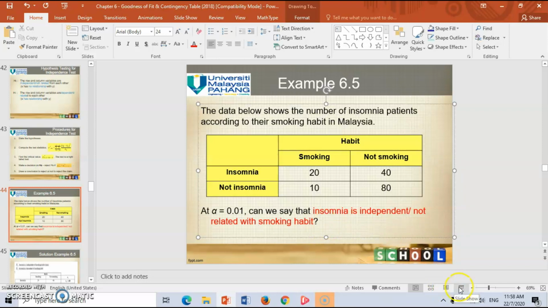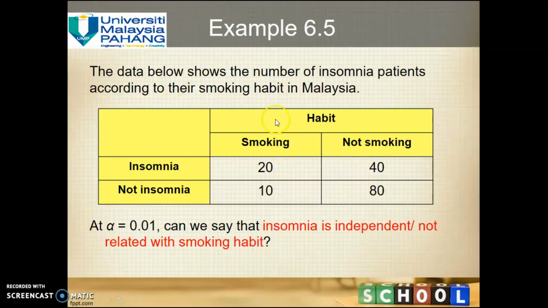They are similar. The row variable here is insomnia or not insomnia, and the column variable is smoking habit, smoking or not smoking. So R equals 2, we have two categories for the row, and C equals 2 also, because we have two categories for the column.